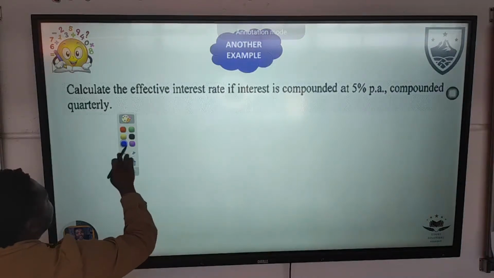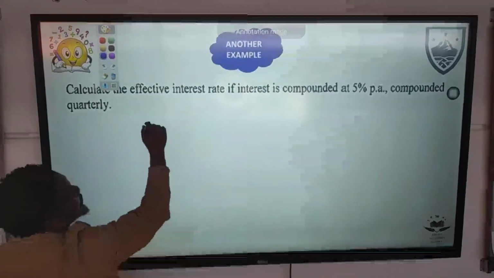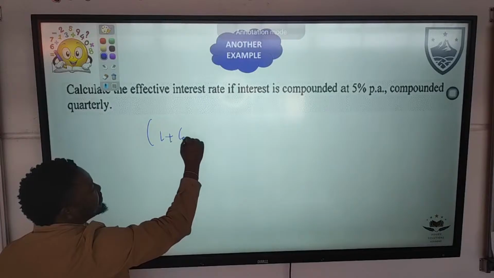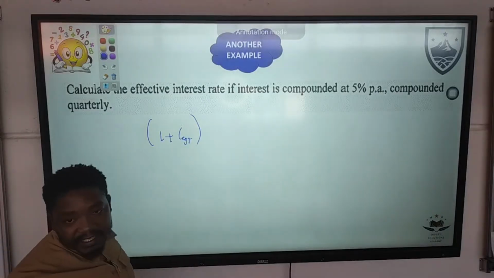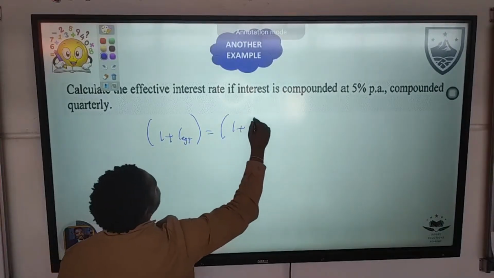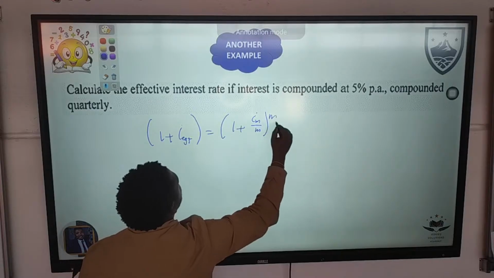We now know the formula will be 1 plus effective interest. We know why, because effective interest is per annum, which should be equal to 1 plus i over m, to the power of m.